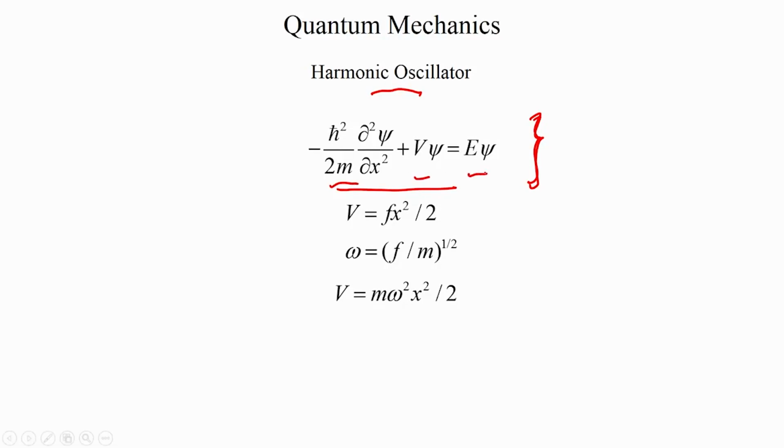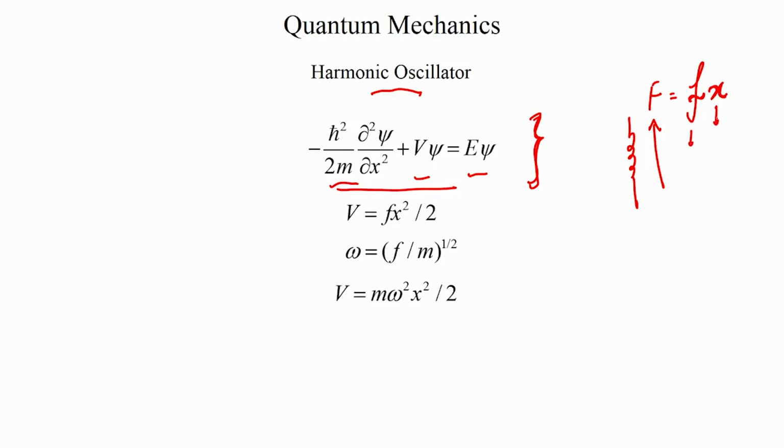And since we are talking about an oscillator, I think the easiest way to imagine one is to imagine the equations for a spring. Okay. So if you remember, if you apply a certain force to a spring, then it's got a certain spring constant, which I've used the symbol F for, but in textbooks you might probably see the symbol K. It is just that we are using K too many times. So let's say F is the spring constant, then the force will be given by the spring constant times the displacement.